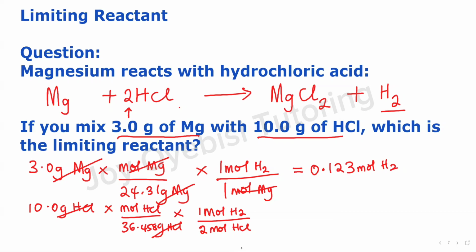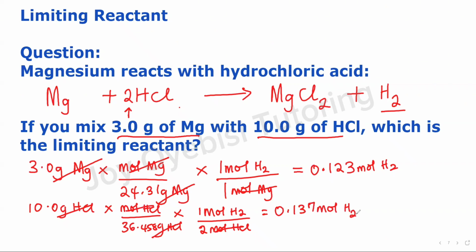The hydrogen is what we're trying to find. That's our priority, so that stays on top, and the HCl, you divide by that. So the moles of HCl cancel out, and we have, again, the moles of hydrogen. So 10 times 1 times 1 gives us 10. Then divide that by 36.45 times 2, and that gives us 0.137 mole of H2.